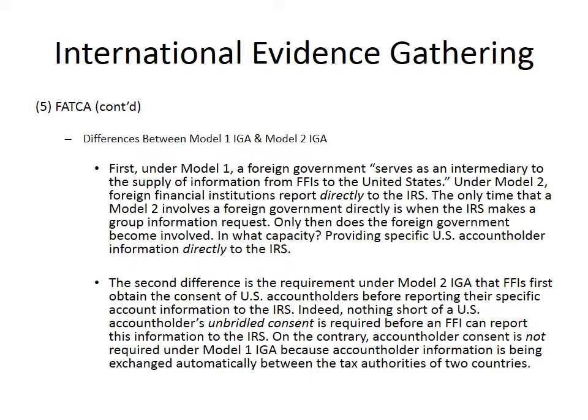All right, so again, I'm not trying to beat a dead horse here, but understand that under Model 2, the banks have to obtain consent from their U.S. account holders before they can provide specific account information about those account holders to the IRS. If the U.S. account holder withholds consent, then the banks cannot turn that information, the specific type of information I'm referring to, over to the IRS.